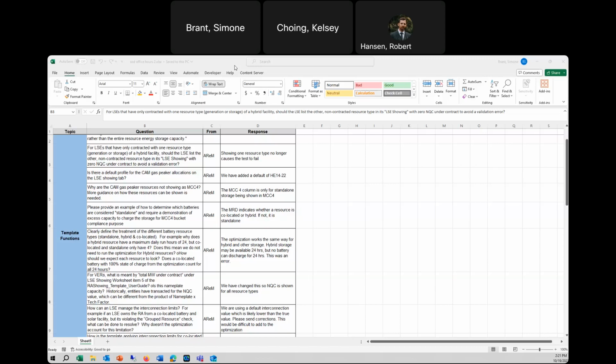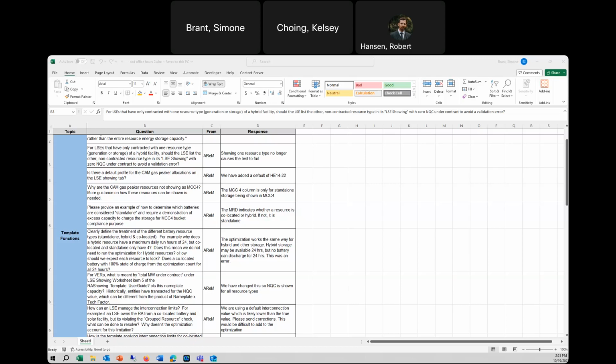Then I have a follow-up question: for a hybrid resource, if you look at contract 1, Lancaster Solar 6, Solar 2, if there's no actual value for the NQC value, is the battery aspect of it correct?